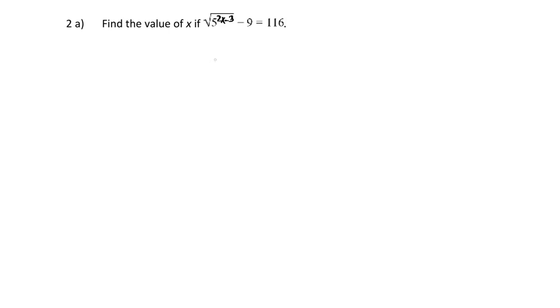Then our equation is going to be under root 5 power 2x minus 3 equals 116 plus 9. Solving this, our equation is going to be under root 5 power 2x minus 3 equals 125.